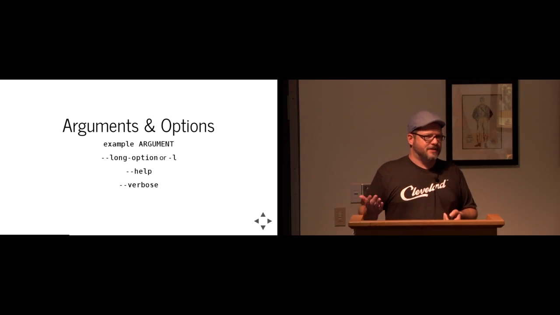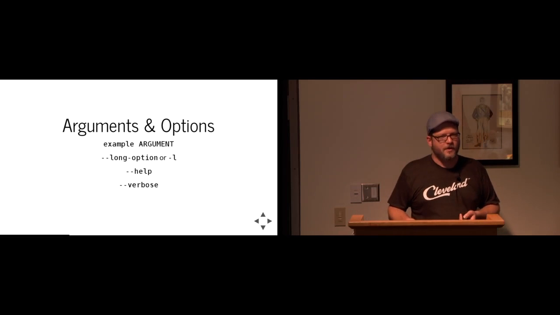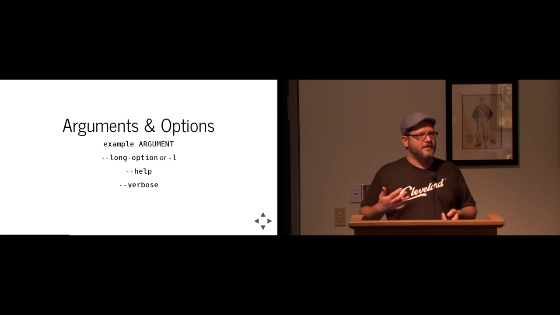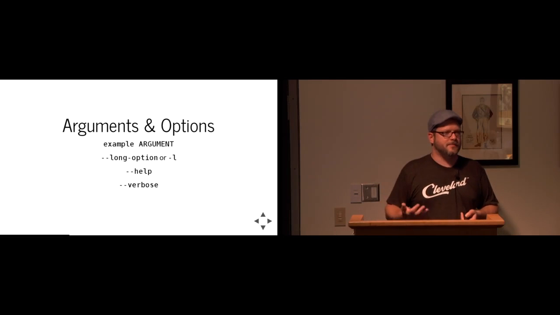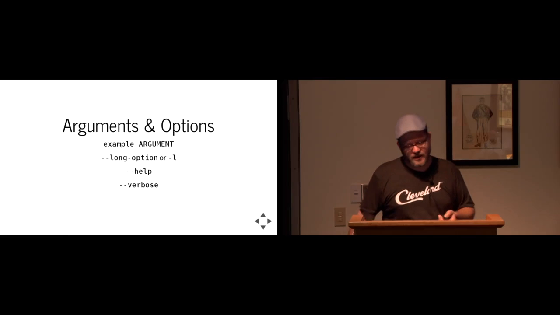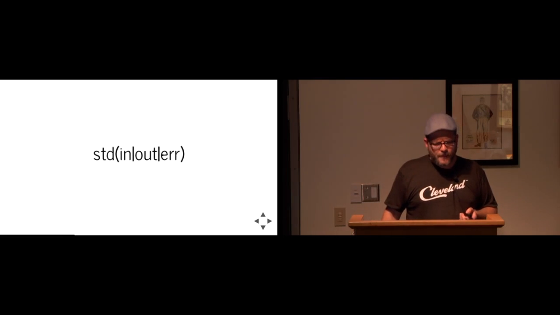You should have a dash dash help so that people know how to use your program if they haven't seen it before. And then you should support common things like verbose. If you're going to output additional information, use verbose because people expect the dash dash verbose. They don't expect like dash super extra logging info or something like that. So use the standard things.